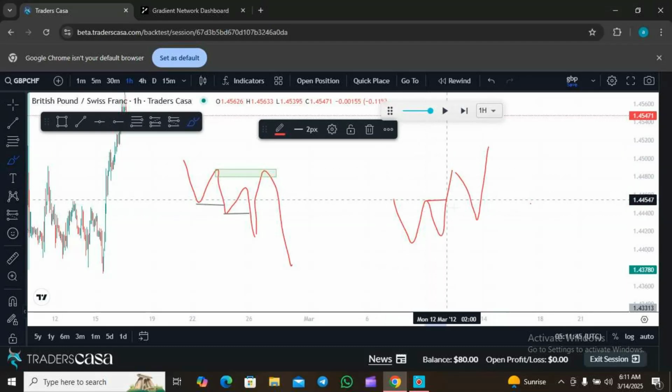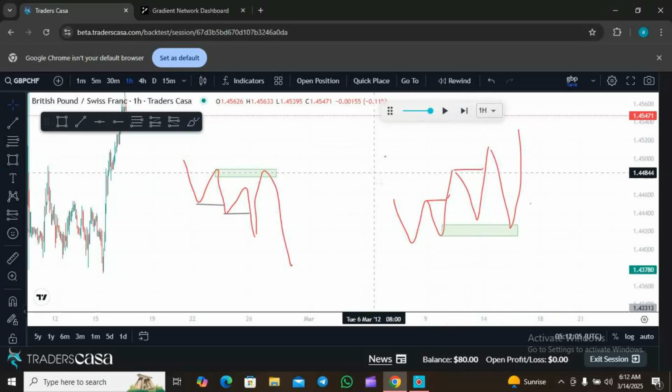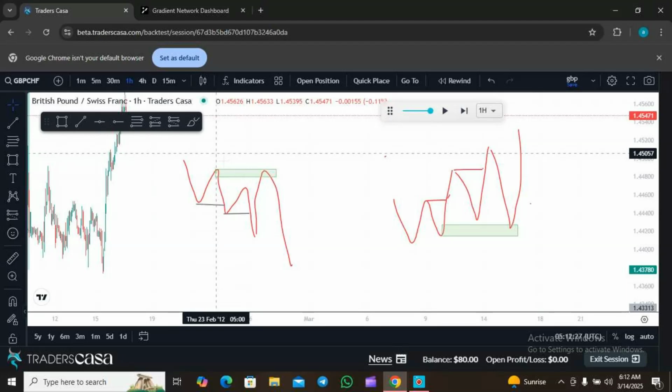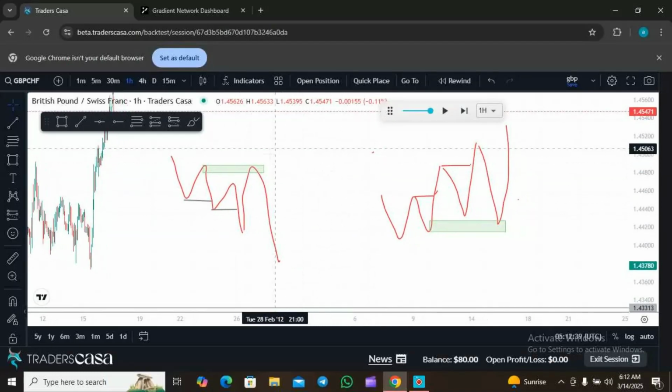Most times when you come to your chart, you will not be able to find a structural liquidity that has a sweep of the previous high or a sweep of the previous low. You will find that most times price just moves aggressively to give you a straight break of structures, right?